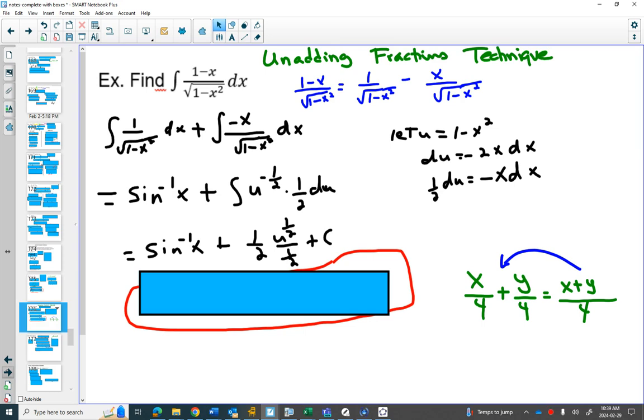I don't know. Notation-wise, I'm a little bit bothered by notation right now. So the best thing I can do with notation is pretend I didn't do this.